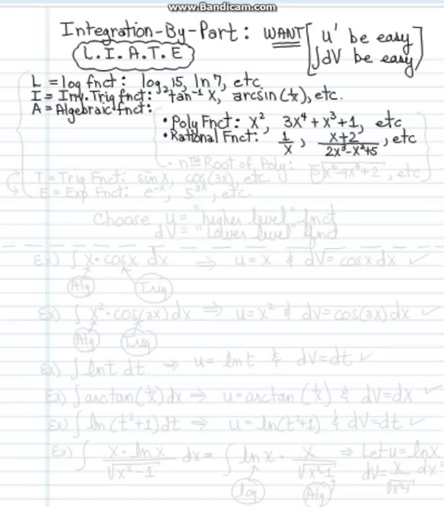And the last one would be the nth root of a polynomial. An example would be the fifth root of x to the sixth minus 9x to the fourth plus 2, etc. So these all fall under the classification of algebraic.